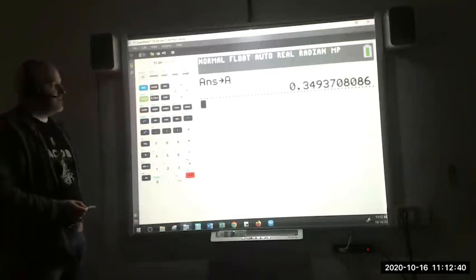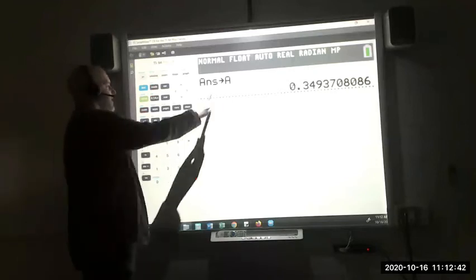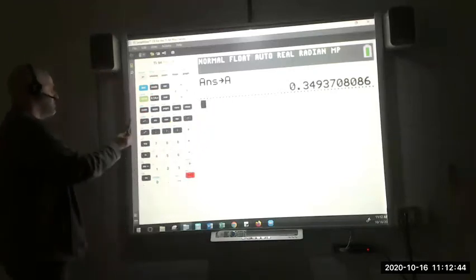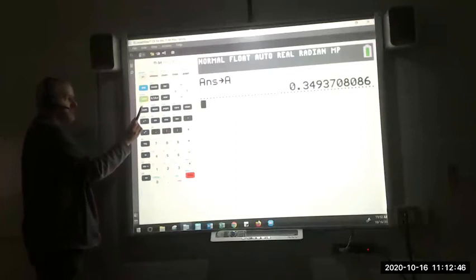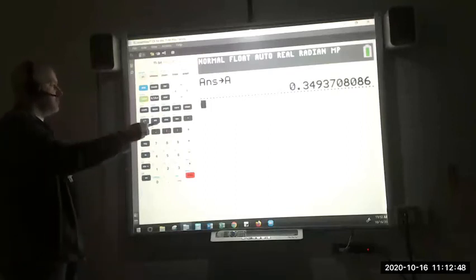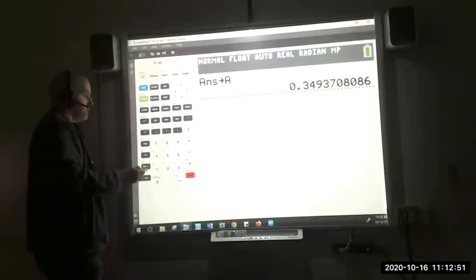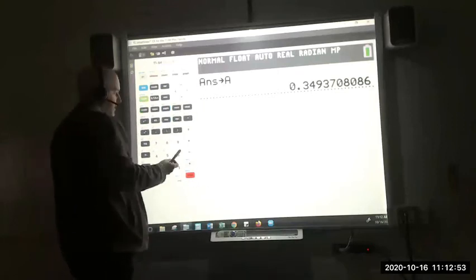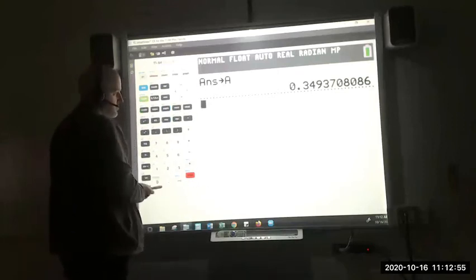So now, anytime I use A, which if you didn't catch that was hitting the alpha button and then the math button, I'm going to get 0.349 with all of that decimal action happening afterwards, which is pretty sweet.